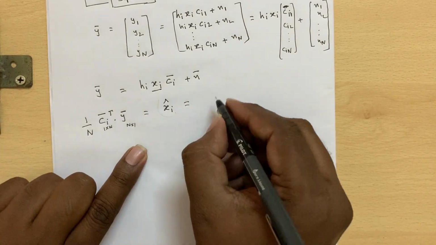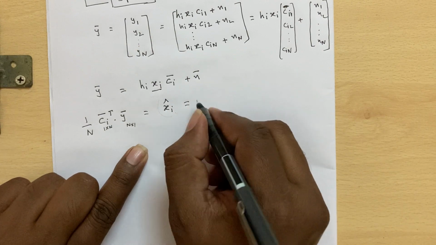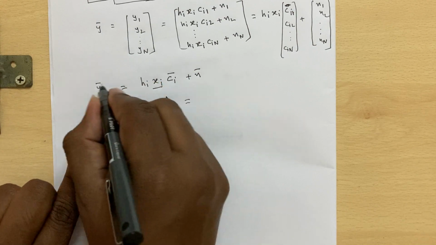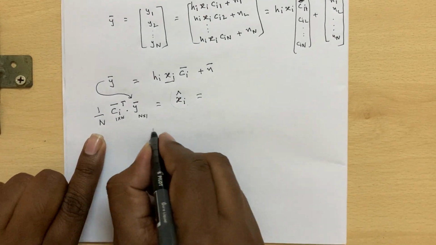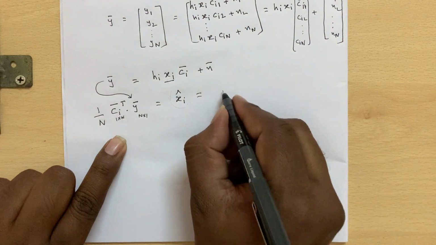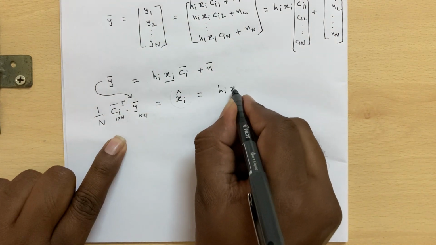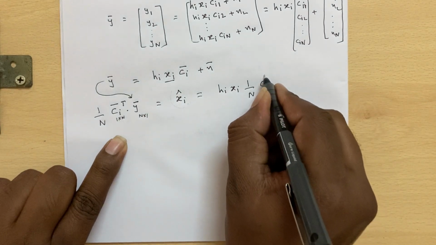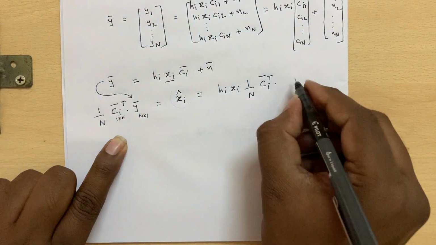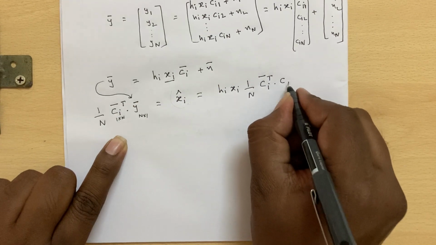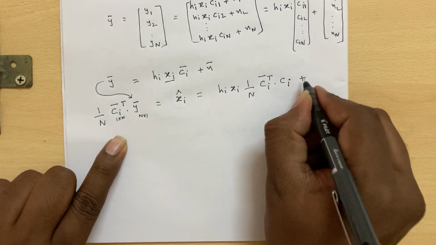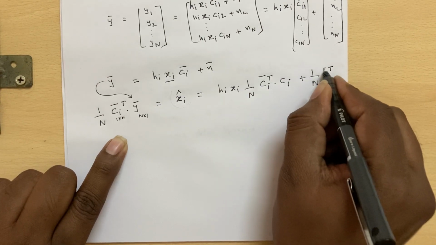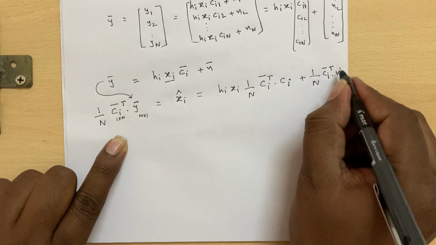In vector format, substituting this y value here, we get the estimate equal to Hi Xi times 1 by n Ci transpose dot product with Ci, plus 1 by n Ci transpose times the noise vector.